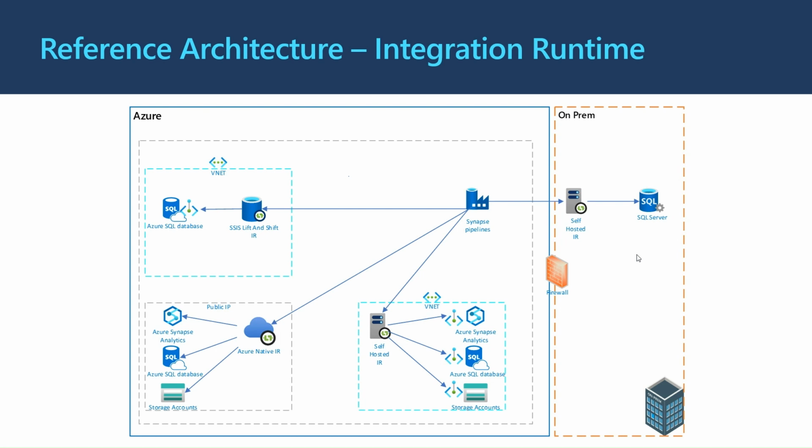What used to happen that's troublesome is this bottom right hand picture. You have all these services in Azure PaaS in this instance: Synapse Analytics with SQL pools, serverless pools, SQL databases, storage accounts. But the internet needs to be turned off, so public turned off, and you have everything set up with private endpoints and virtual networks. But in order to access that data with Synapse pipelines, you would need to reach out to a self-hosted integration runtime.